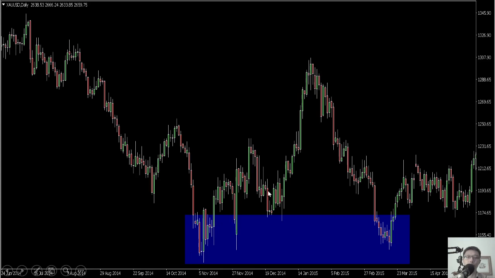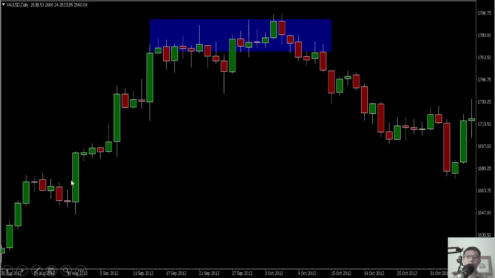It goes higher again until this level, and then price goes down again until this level in this support area, and then price moves up again. So this green area is a support area because price cannot move to the downside below this support area.